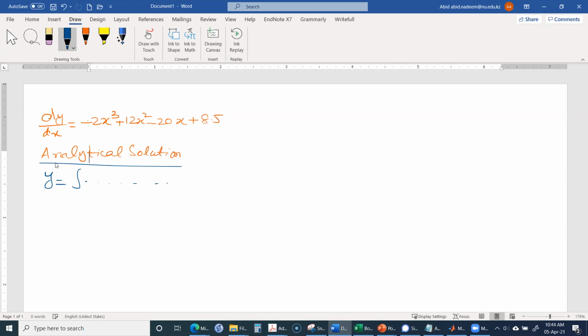By the integration, what we will get is minus 2x power 4 over 4 plus 12x cube over 3 minus 20x cube over 2 plus 8.5x plus C. Is it correct? Should it be squared? It should be 20x square.